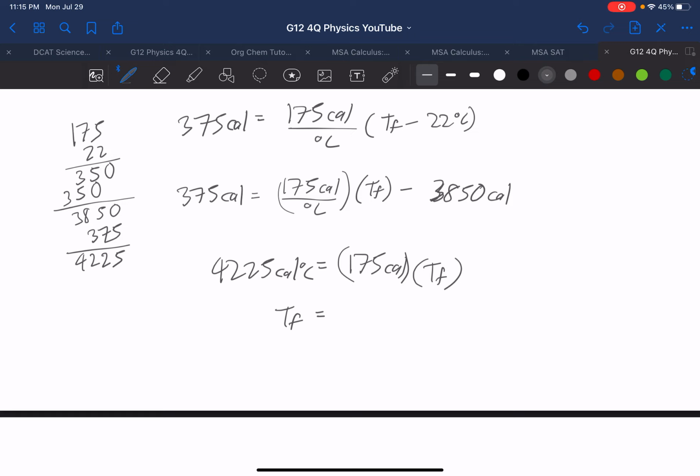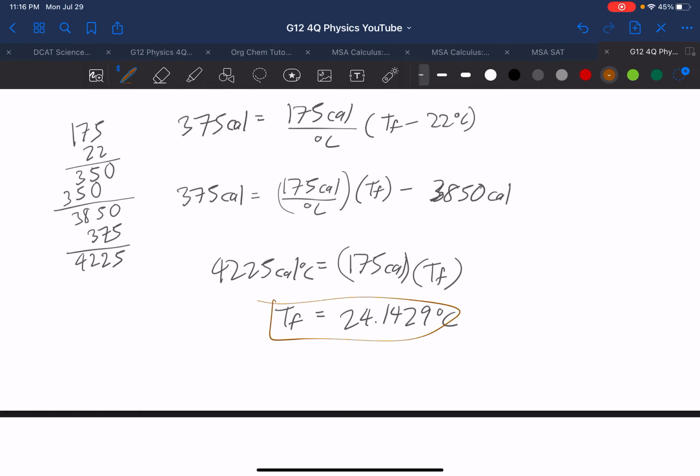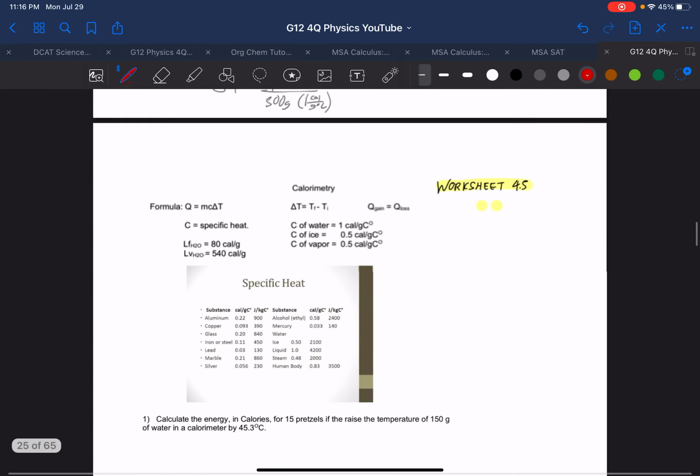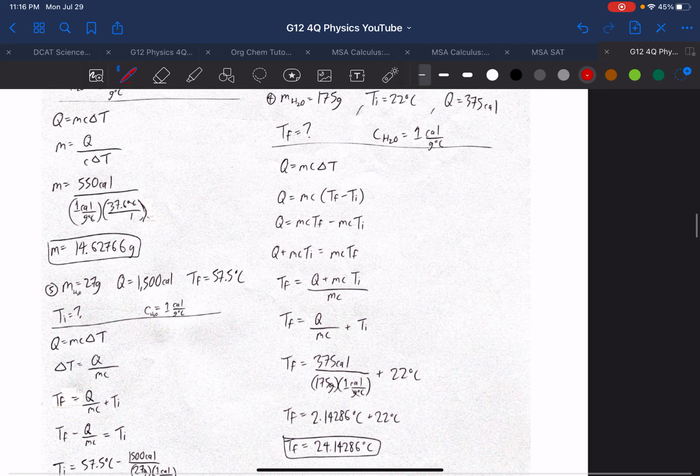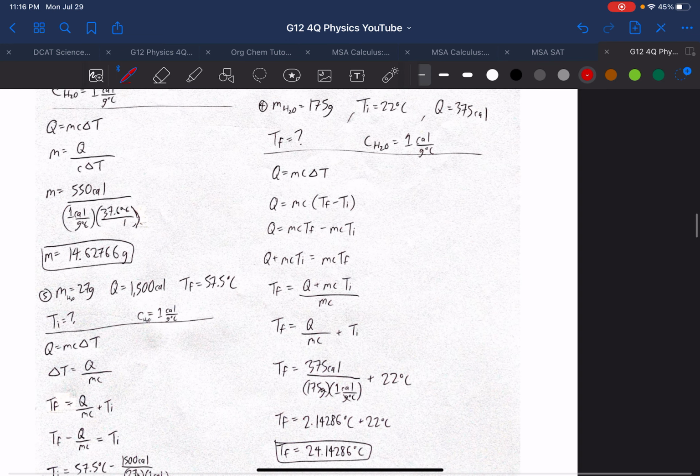So basically 4225 divided by 175 is, dang, this is the slowest calculator. 24.1429, and then degrees Celsius. Do we have the same answer as the answer key? 24.1429, 14286. Not so different.